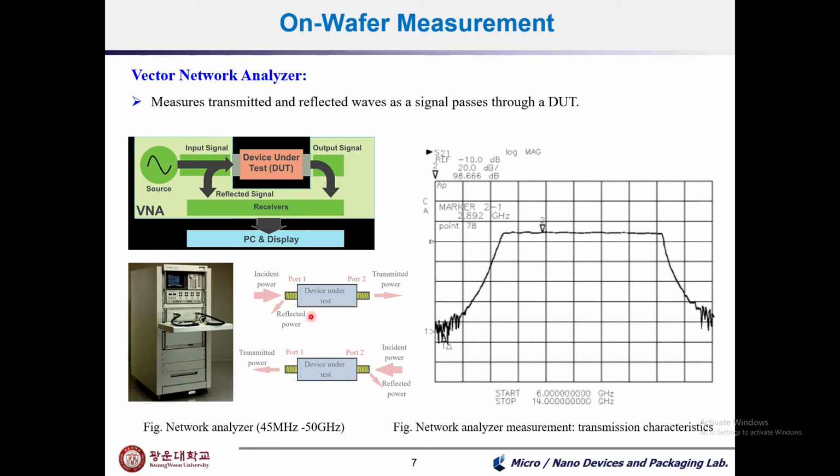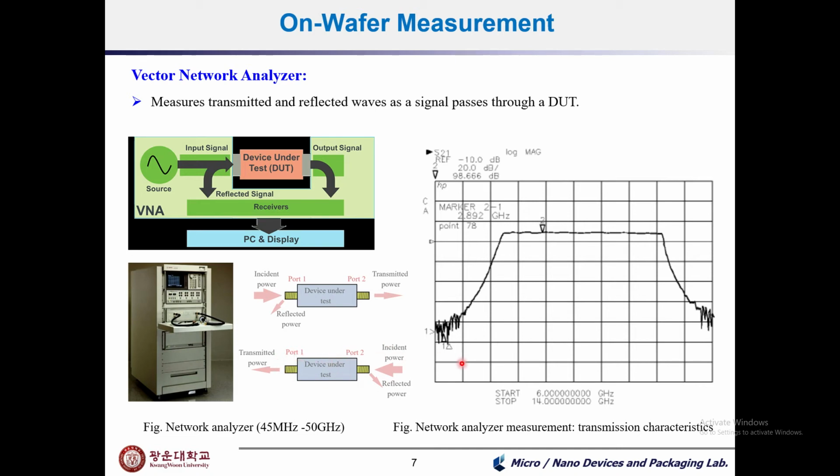And here we can see the working block diagram. Incident power is applied in the form of the stimulus to the device under test at port 1, and the transmitted power and the reflected power are measured. Also for two-way systems, the incident power is applied to port 2, and transmitted power and reflected power are measured.